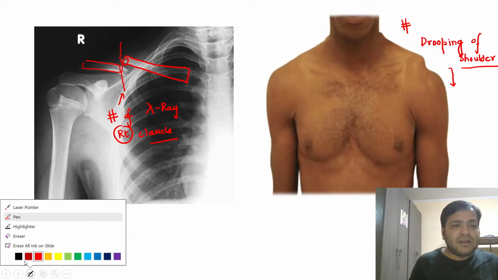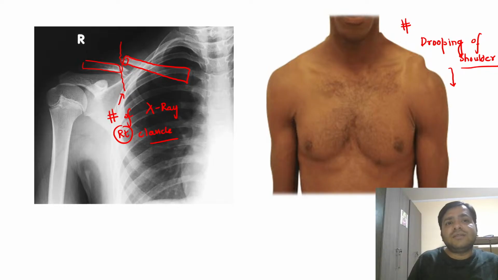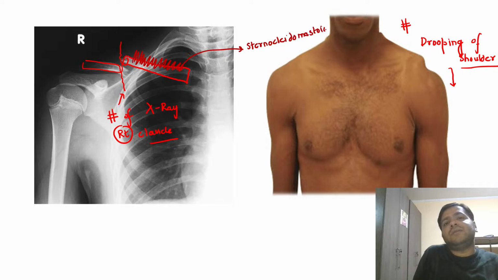Why it happens? Because you already know the medial 3/5, basically a muscle is attached on the superior surface. And this muscle on the medial 3/5 is the sternocleidomastoid muscle.